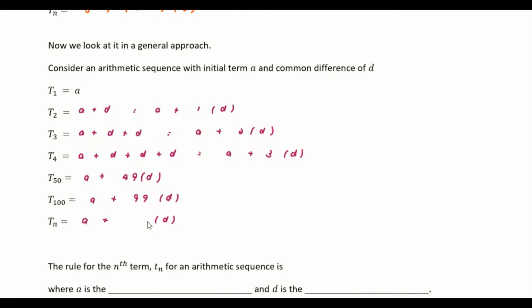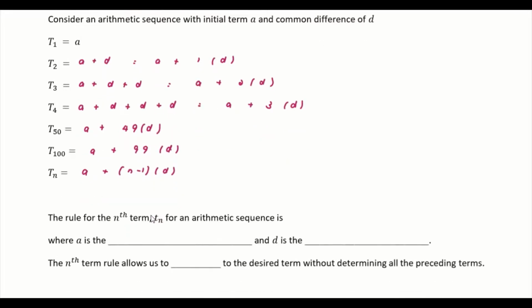What's the certain number? It will be the number that you have, then minus 1, so n minus 1. This is the rule of the nth term for our arithmetic sequence, which is written as Tn is equal to a plus (n minus 1)d.